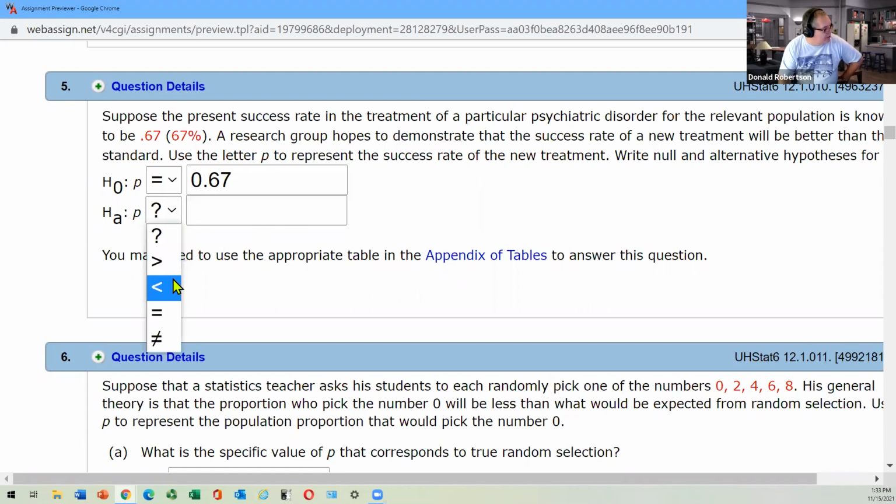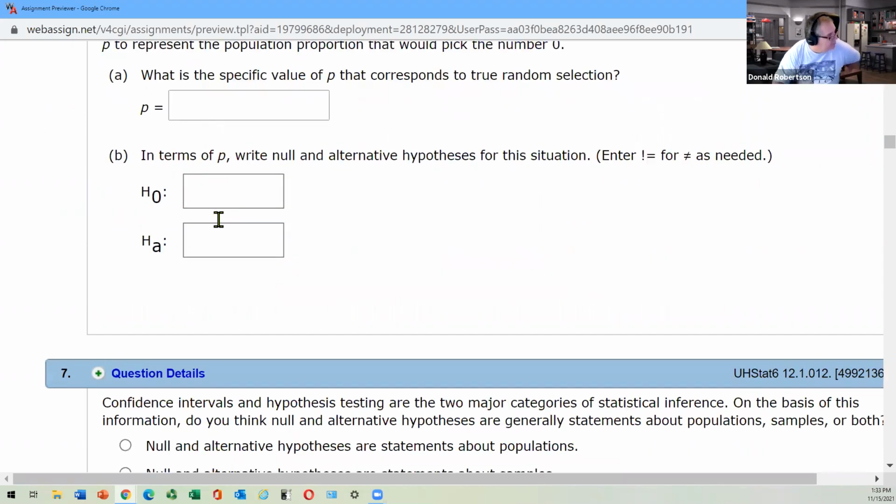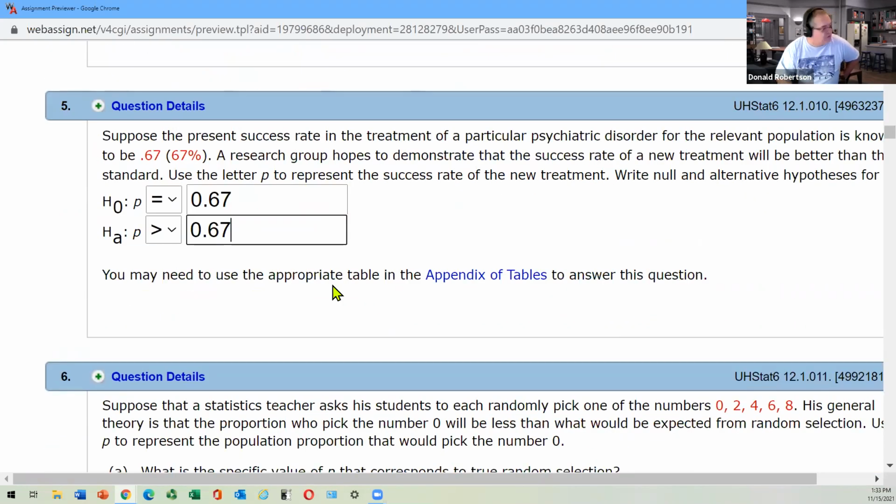The alternate is that it's an improvement, bigger than 0.67.